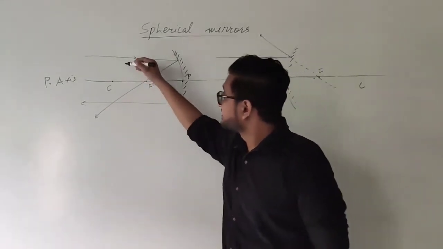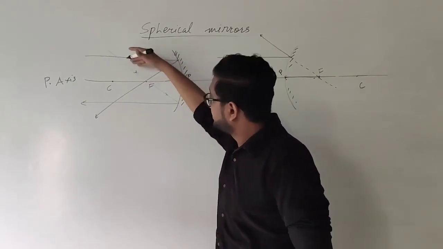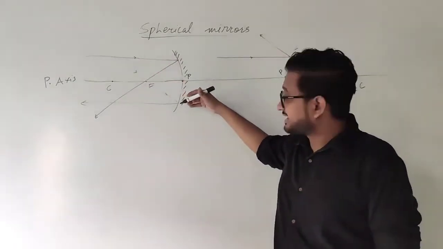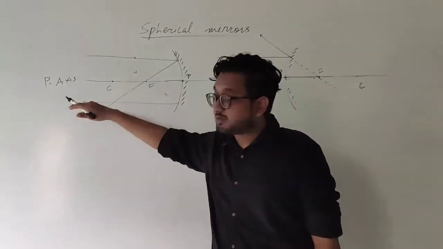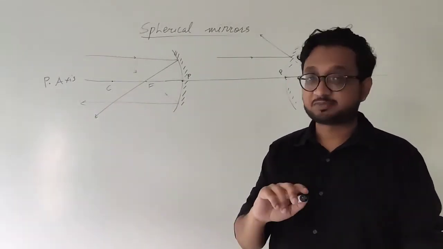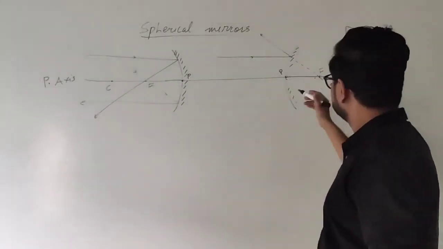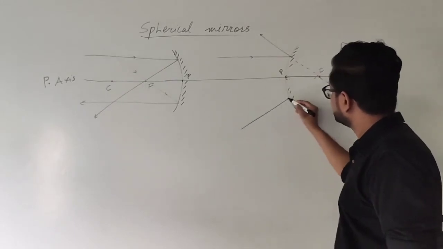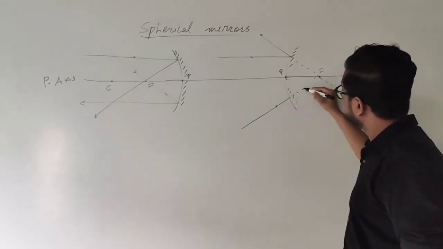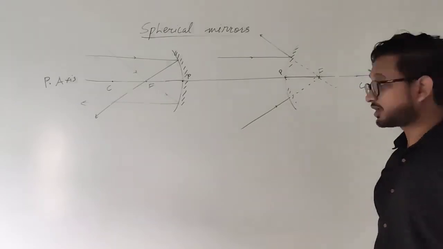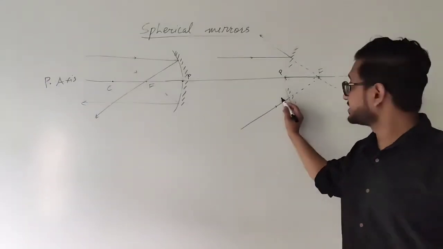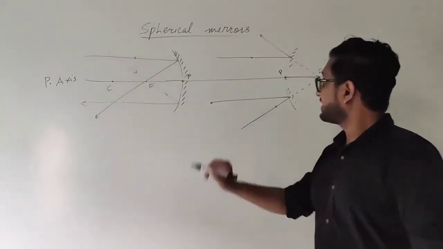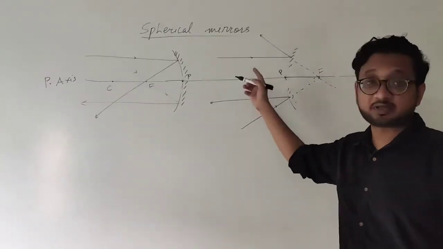So in this case, we have a ray of light, this one, it is passing through focus and then incident on the mirror, then it will become parallel to principal axis. In this case, same thing once again. Let's imagine that there is a ray of light which seems to pass through the focus point. Then after being incident on the mirror, it will reflect back and it will become parallel to principal axis.